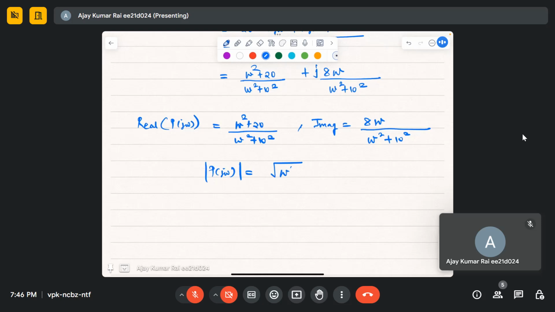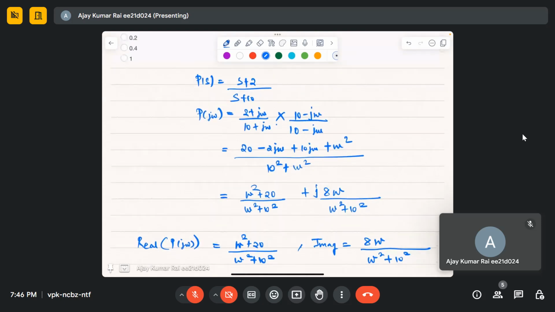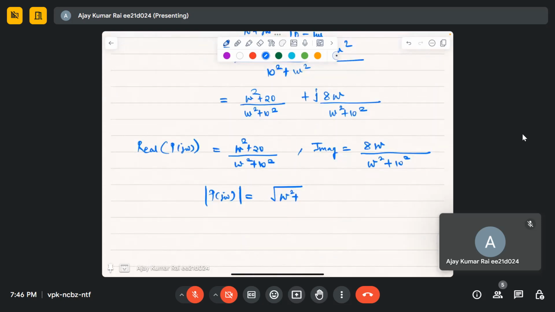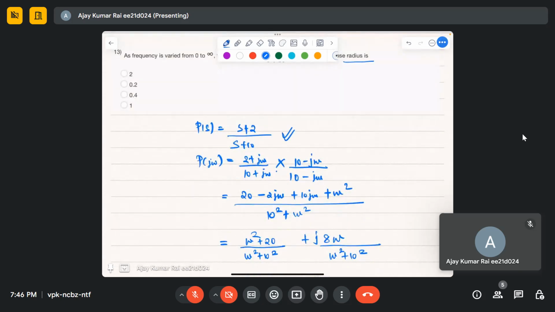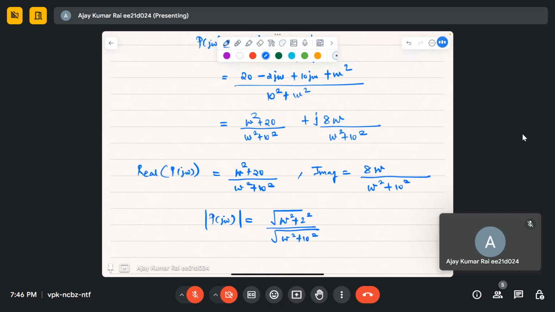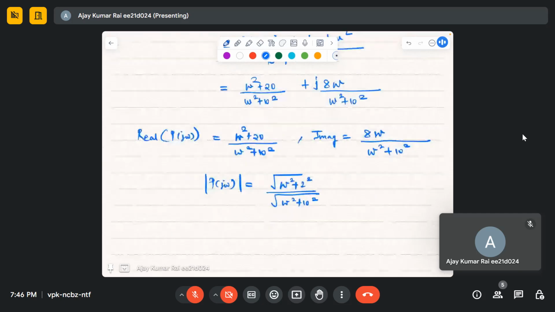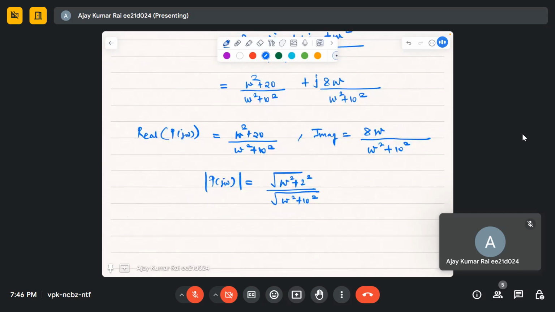It will be omega square plus 2 square and omega square plus 10 square. I'm writing the magnitude by seeing this. You can write the root of real part square plus imaginary part square, but you'll end up with this.